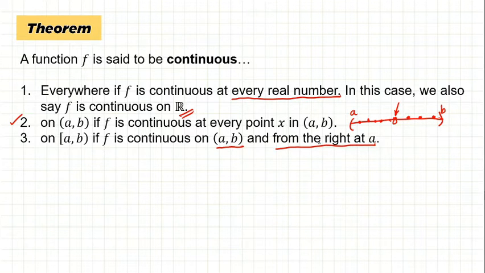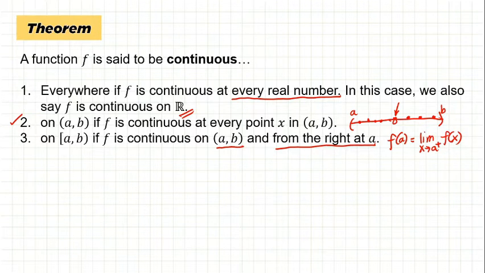At from the right at A. So balik tayo sa one-sided continuity. So dapat si f of A is equal to the limit of f of x as x approaches A from the right. Okay, so you need to check two conditions here.